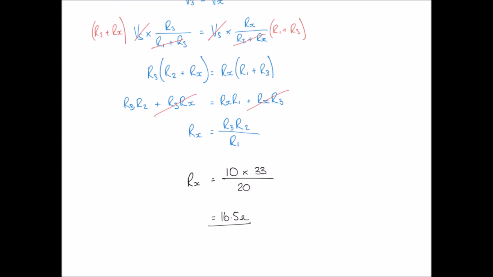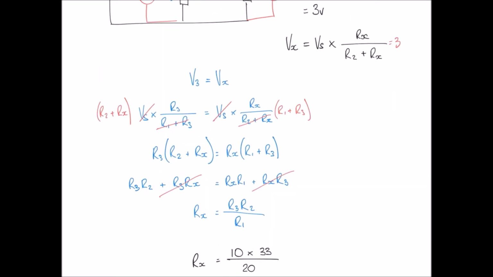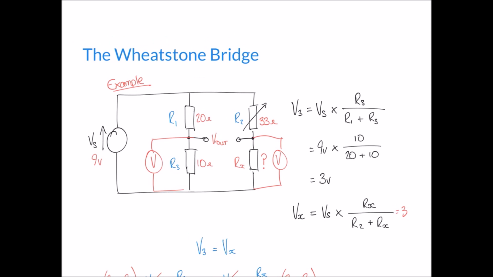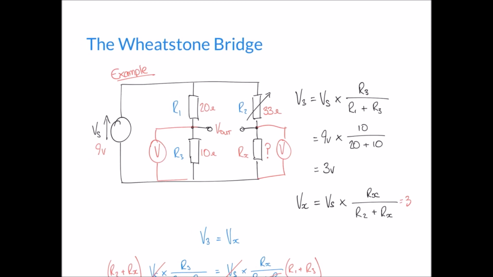One quick word of caution with doing that though, because the formula that we've used assumes that we have our resistors called R1, R2, R3 and Rx in our circuit diagram, and it assumes the position of these resistors. In my example here, R1, R2, R3 and Rx. Some textbooks and different examples you might see have R1, R2 here, R3 here and Rx here.